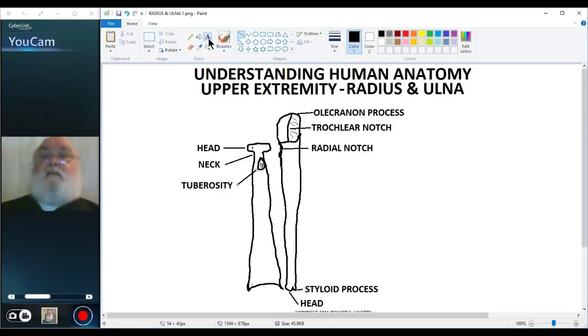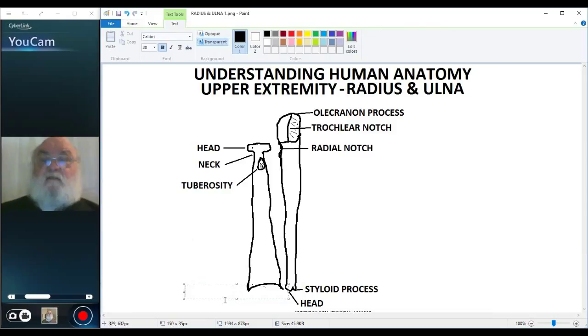Now, I said there was a styloid process, just like we had in the ulna.